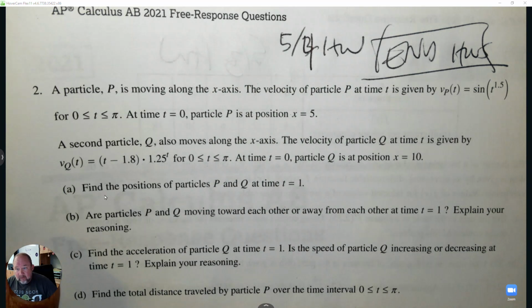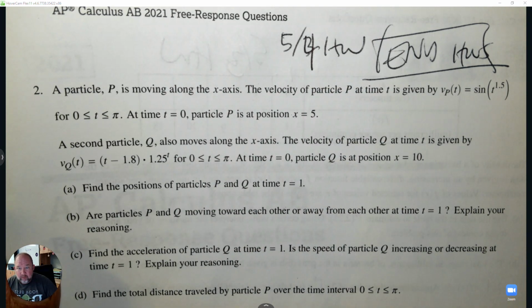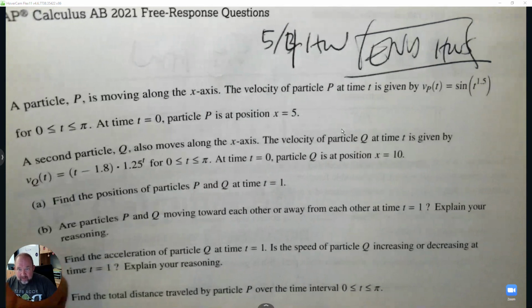its position. So it says find the positions of particle P and Q at time t equals 1. So how do you find that position? So you start with the position we're starting with. So for P, we're starting at 5.